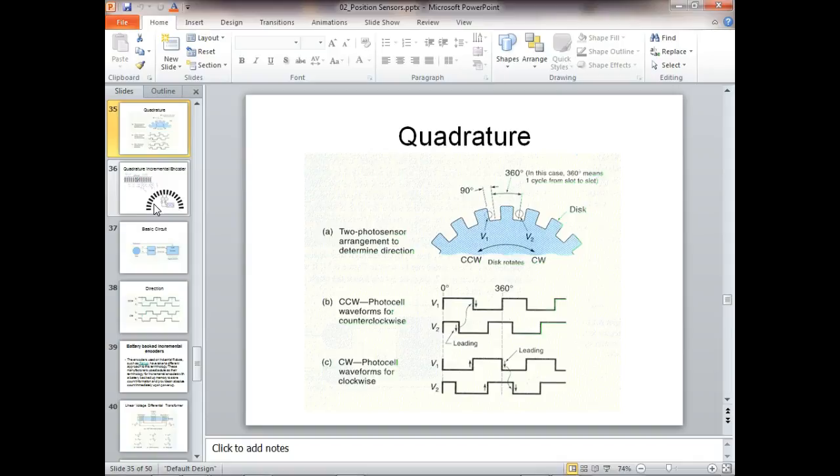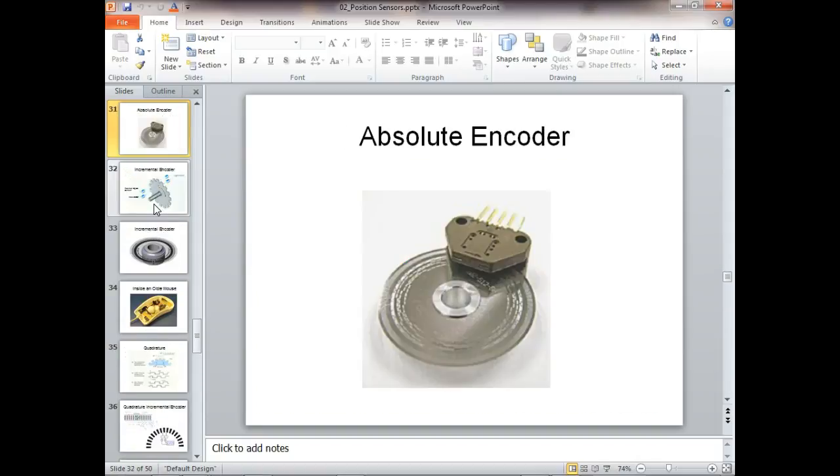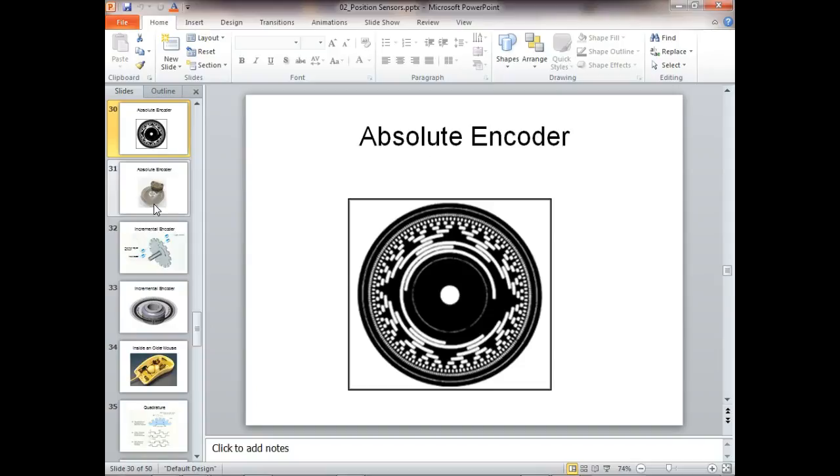An absolute encoder, we basically don't need any external circuit. Right? But what happens with an absolute encoder is the more resolution we have, the more bands we have to add. So the more bands we have to add, we're going to have a sensor for every band, right? To sense that position.